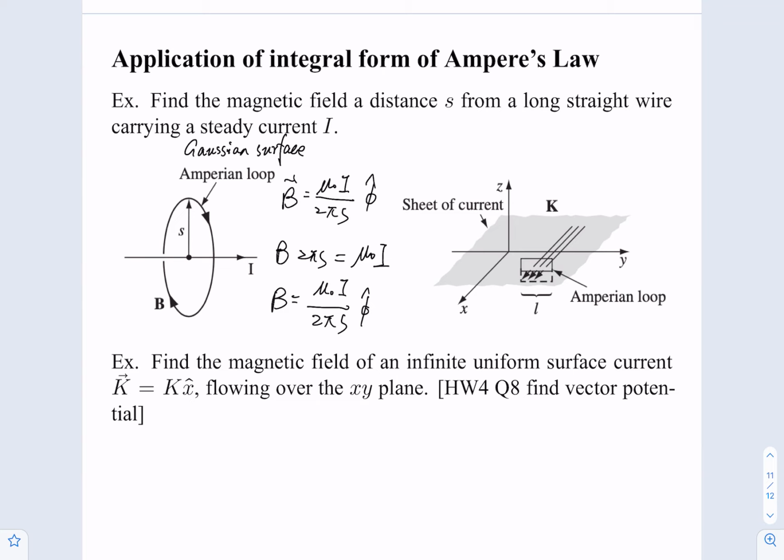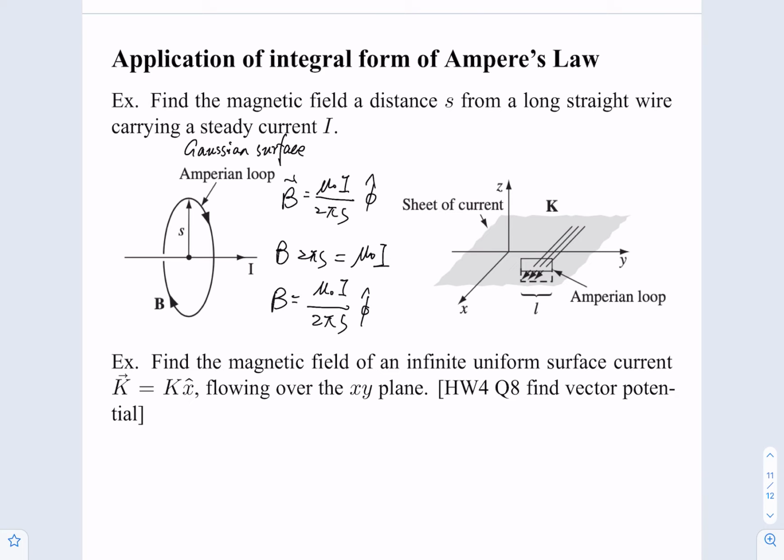Say for another example, on the right-hand side, we consider surface currents on this xy plane, and we are interested in the magnetic field generated by this surface current. We must define a direction of this surface current because it's a vector. In this case, we define K to be along the x direction. Now we need to first determine the direction of this magnetic field.